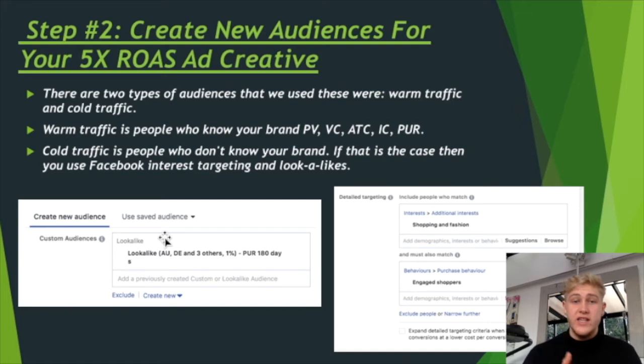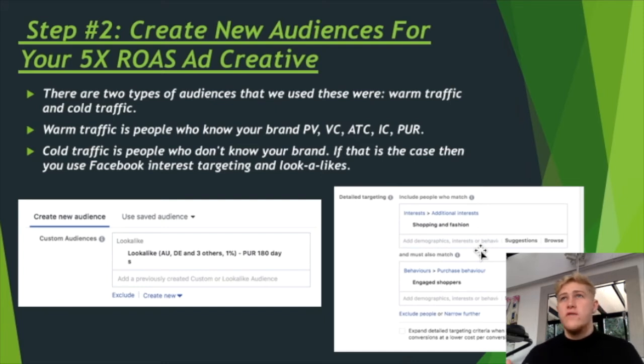And if this is the case, we just use interest targeting by Facebook. Basically, Facebook puts people who like certain things into a pool. For example, if someone's interested in streetwear, Facebook will pull them into a group. As you can see here, in interests, it would be called streetwear, or they're interested in shopping and fashion.